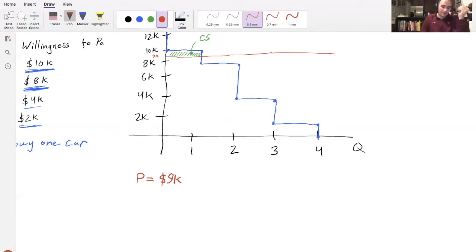This region's a rectangle, and we have to compute the area of that rectangle. The consumer surplus equals the height of the rectangle, our $10,000 minus our $9,000, times the width of the rectangle, which is between 1 and 0. Well, that just ends up equaling $1,000.